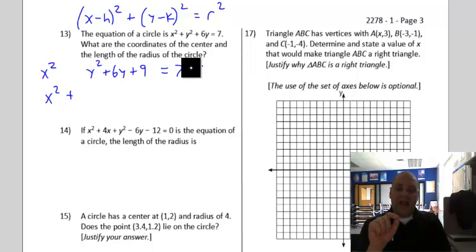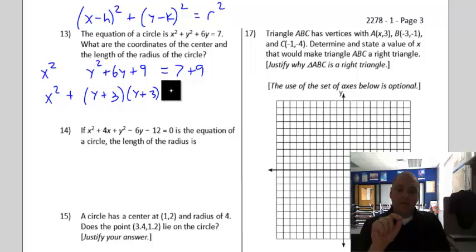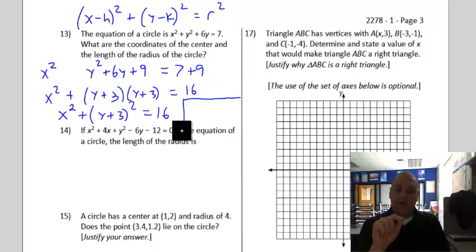And therefore I have to add 9 to the other side. So if I add 9 here, I have to add 9 here. I factor this, and it becomes y plus 3 squared equals 16. And then I just put it together. X squared plus y plus 3 squared equals 16. So now, looking at this, I can get my center point.